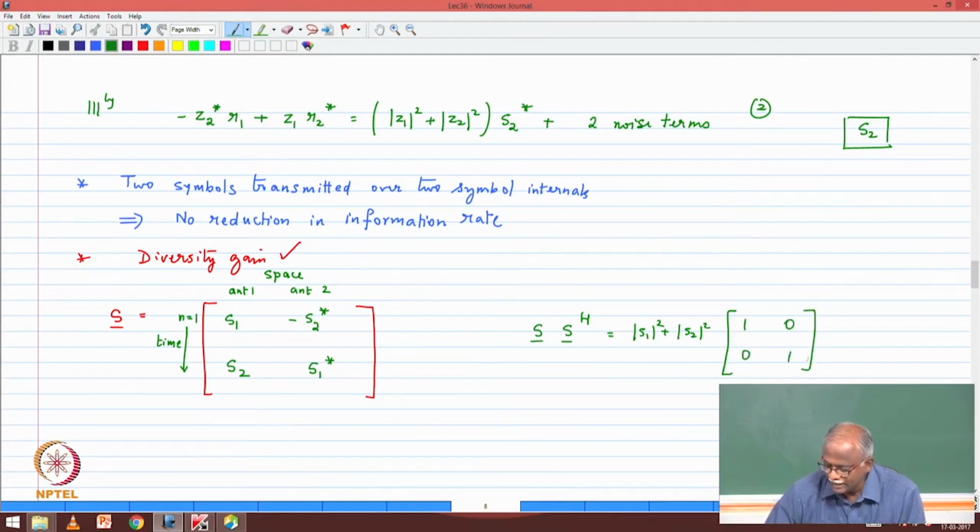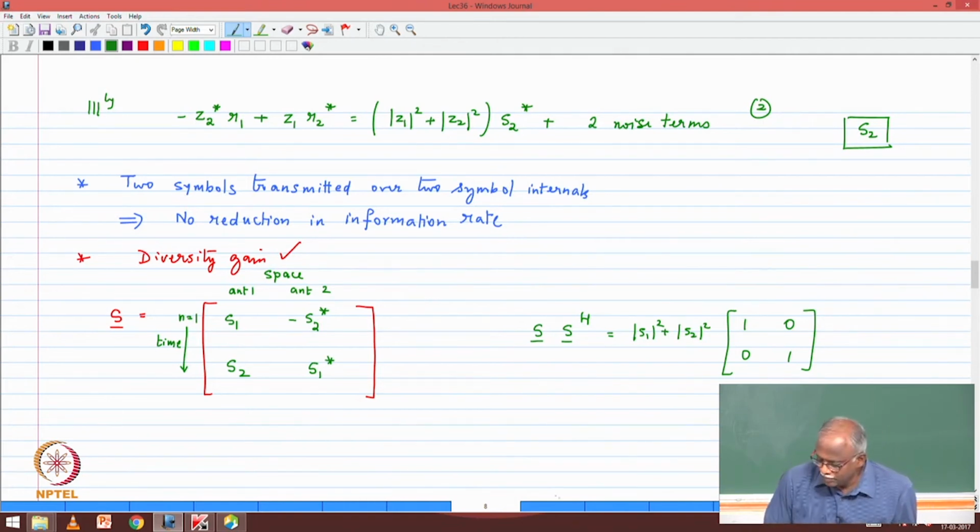Okay, it's got a very important structure. It's a non-trivial structure. It may not seem very obvious, but this is a very important form that we know in signal processing as an orthogonal matrix. Basically, if you take cosine, sine, minus sine, and cosine, you'll find that it satisfies this type of structure.